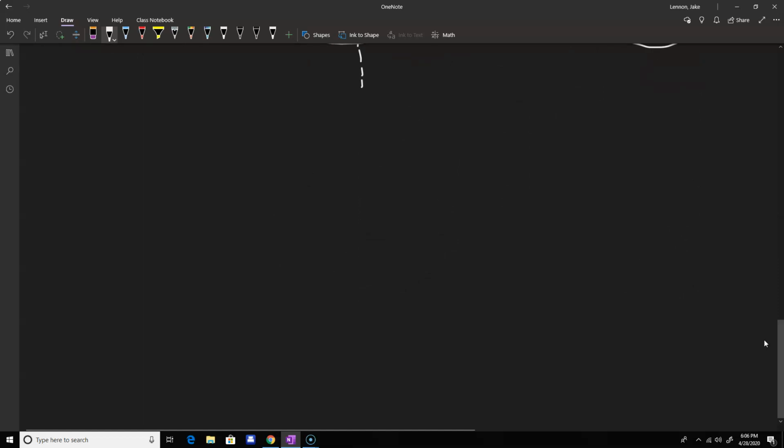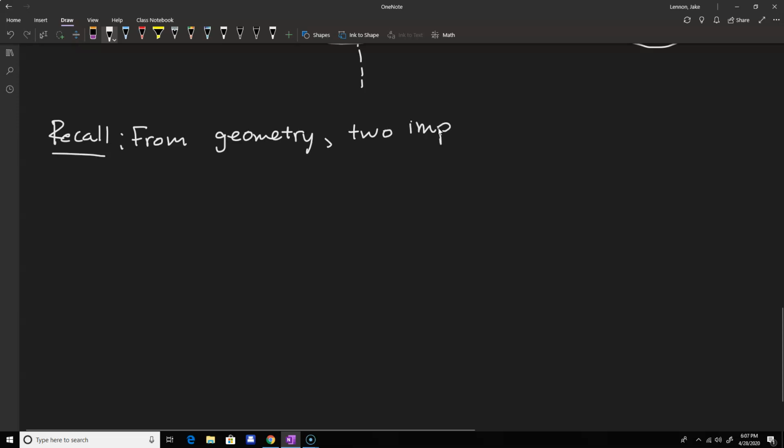So let's recall from geometry. Two important right triangles. So these are important in the sense that we can completely characterize the relationship between the lengths of the sides of these right triangles.